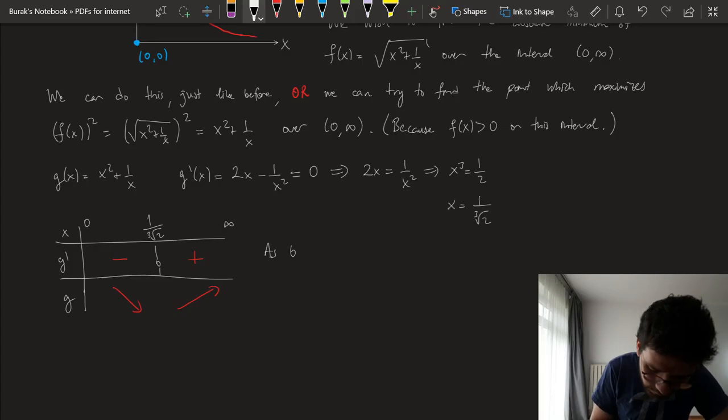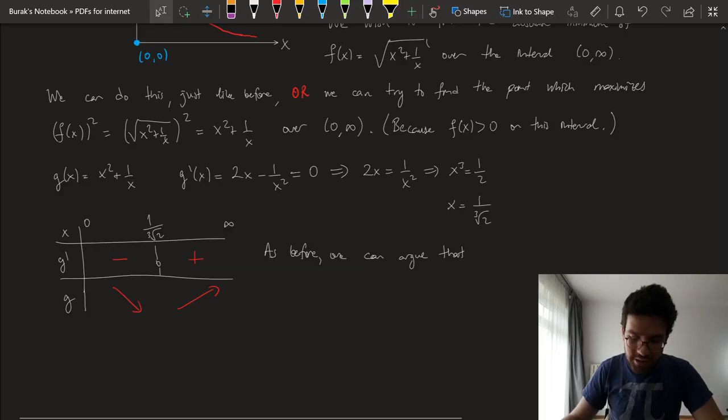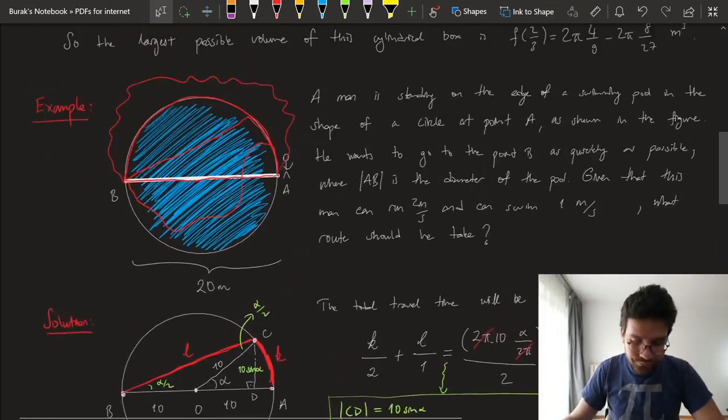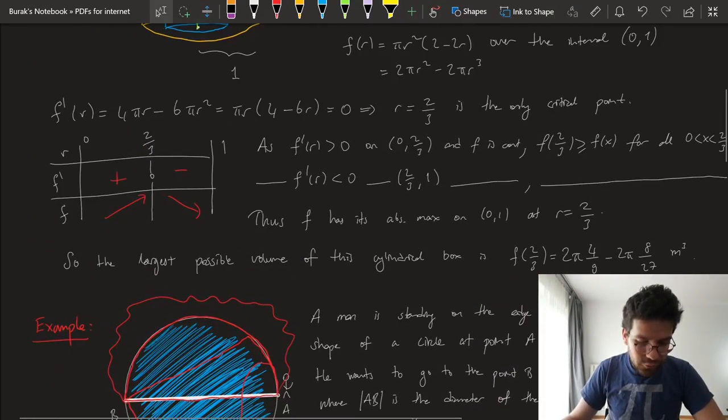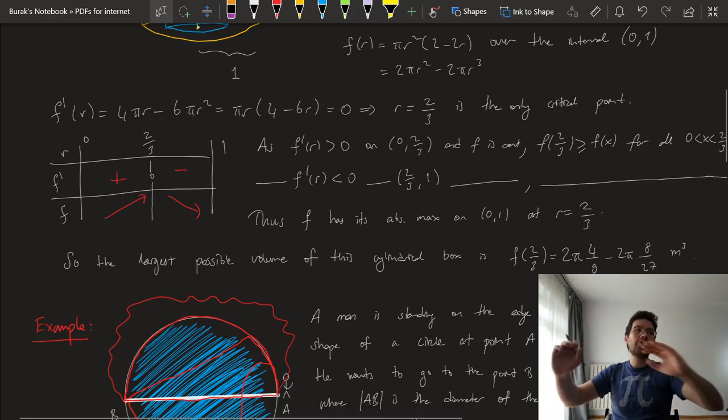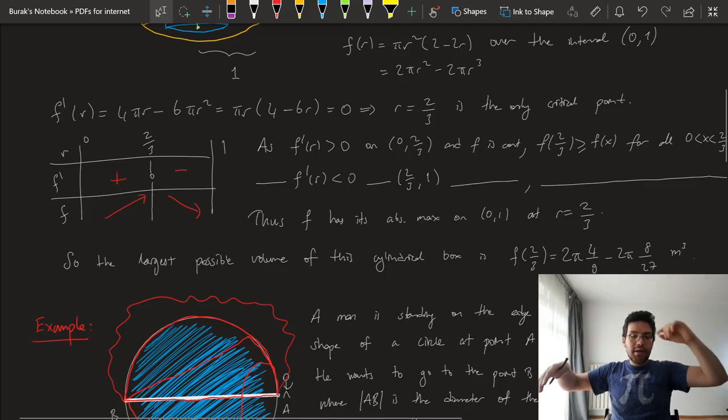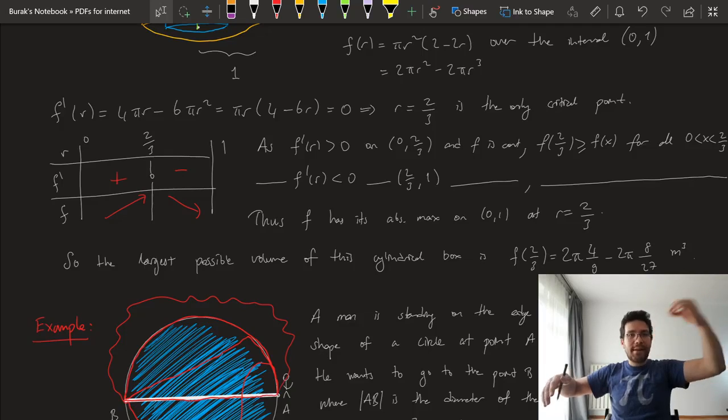As before, one can argue that it's just like the first question. I have an interval, I have one critical point, over here it's decreasing and then increasing. This point not only gives me a local minimum, it actually gives me the absolute minimum.